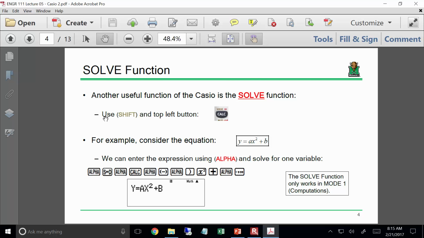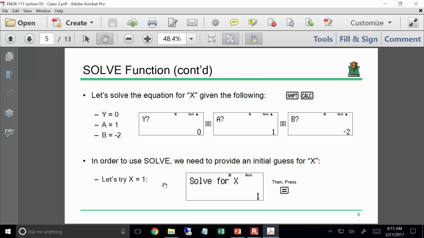For instance, mode 5 in the Casio only has 2x2 equations, 3x3 equations, and quadratics and cubics, but solve will handle anything. The downside is that you have to provide an initial guess. I'll plug in a value for A, B, and Y, but when I solve for X, I've got to guess something.